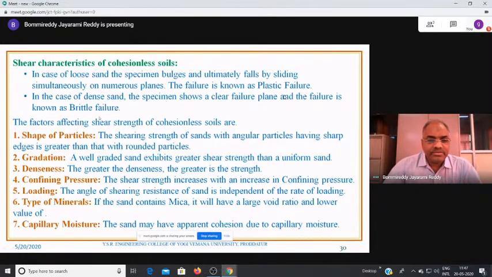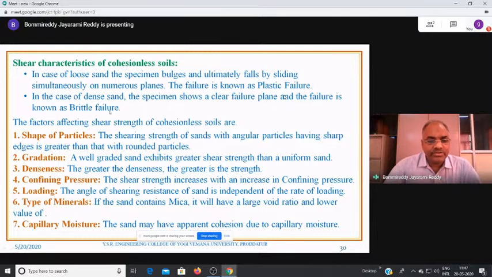Normally, sands will fail by means of brittle failure in general. In the case of dense sand, the specimen shows a clear failure plane, and this failure is called brittle failure.